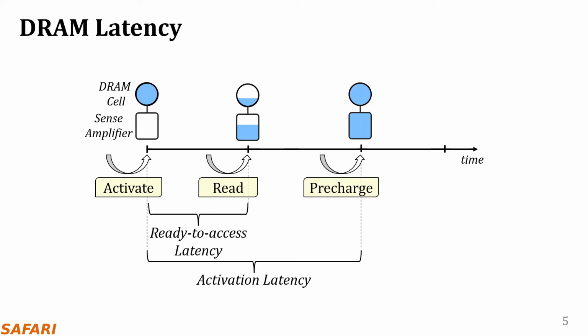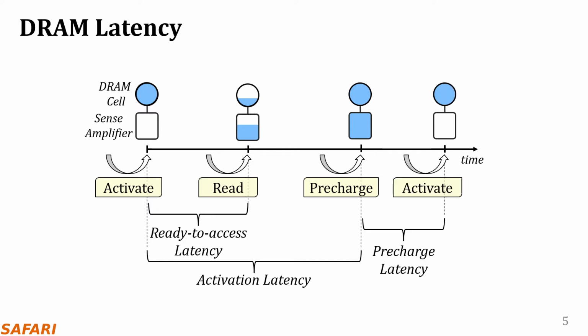Later, when the cell is fully restored after the activation latency, the memory controller is free to issue a precharge command to precharge the DRAM to access a new row. During the precharge operation, the sense amplifier gradually turns back into its idle state. We call the time associated with the precharge operation precharge latency.